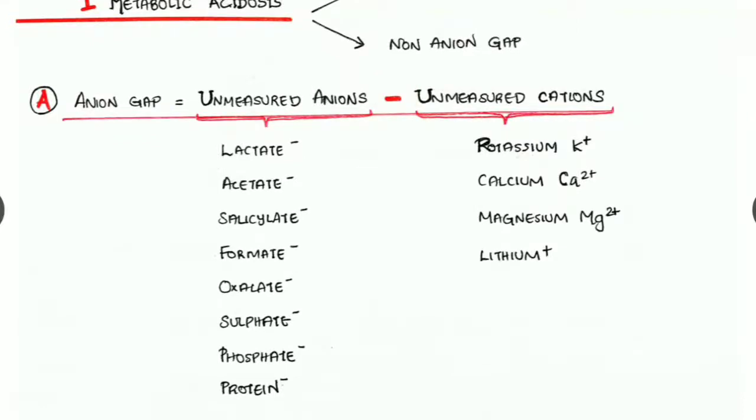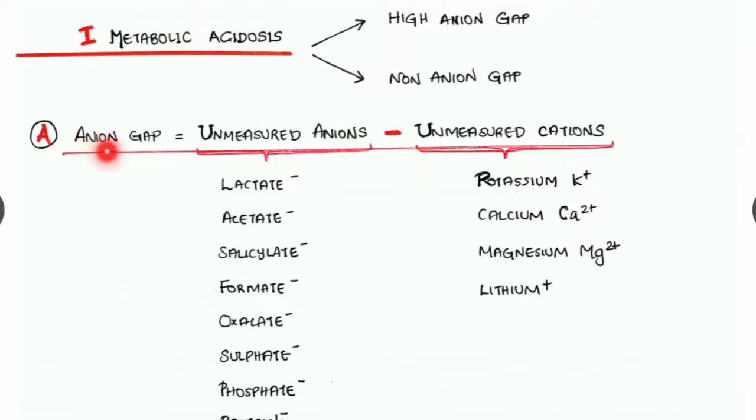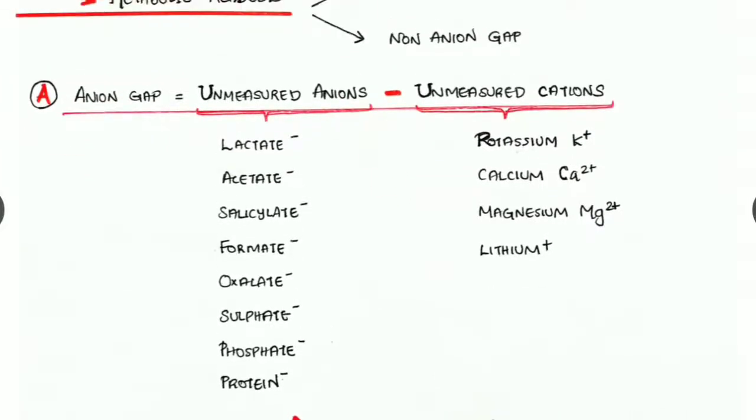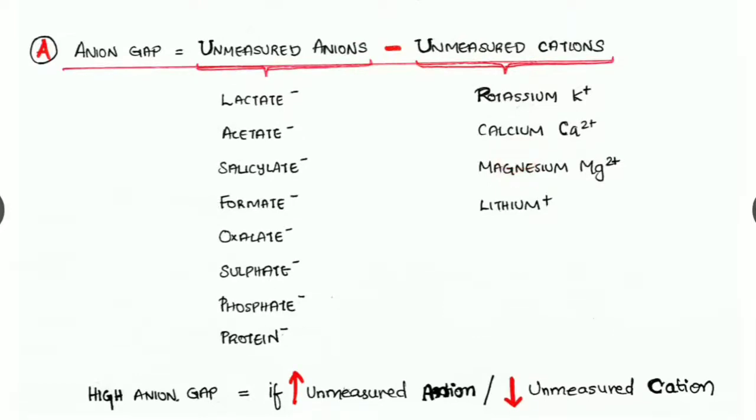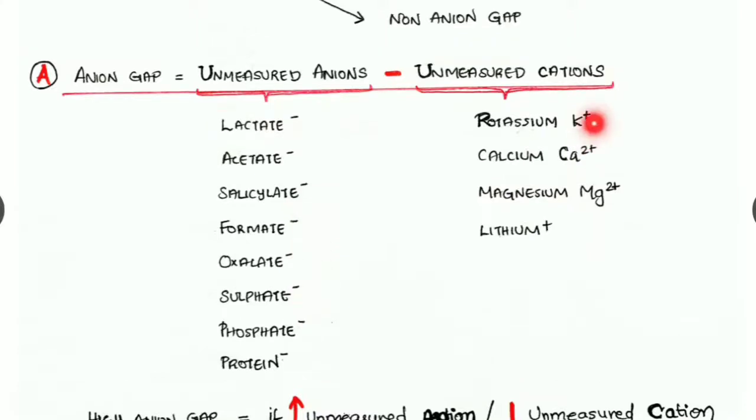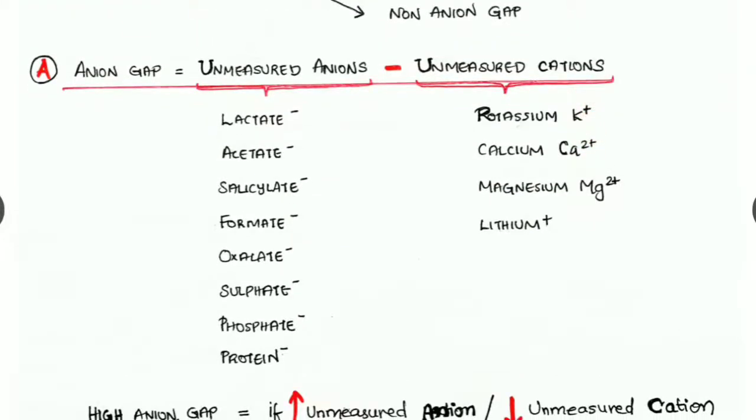Initially, there are two formulas or equations to derive the anion gap. The first one is: anion gap is equal to unmeasured anions minus unmeasured cations. Anions are those compounds which have a negative charge. Cations are those with a positive charge.